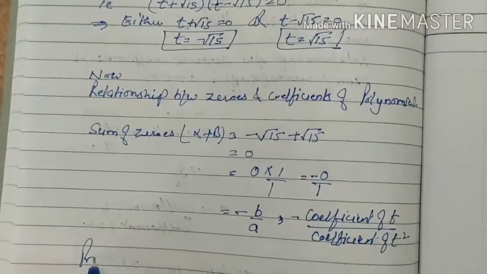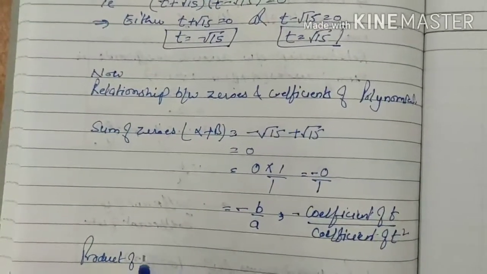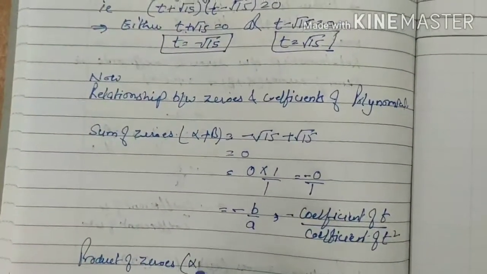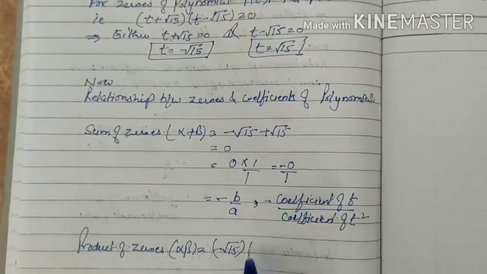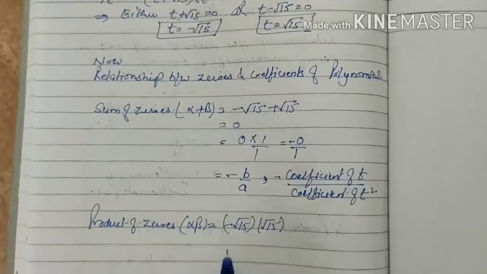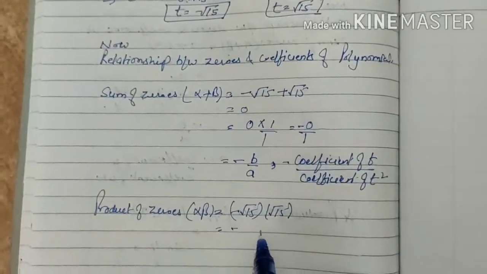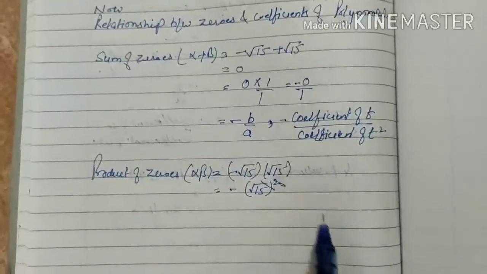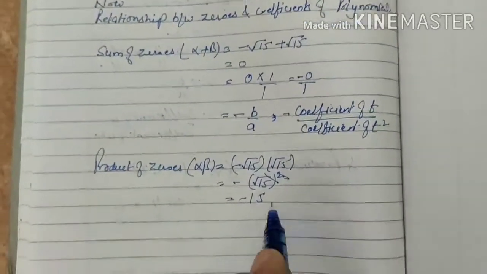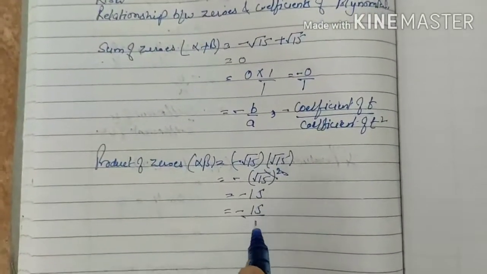So now the product of zeros will be alpha beta, that is minus of under root 15 into plus root 15. So plus into minus becomes minus, and root 15 into root 15 becomes root 15 square. So this square root will be cancelled, and this will be minus 15, and this minus 15 can be written as minus 15 upon 1.